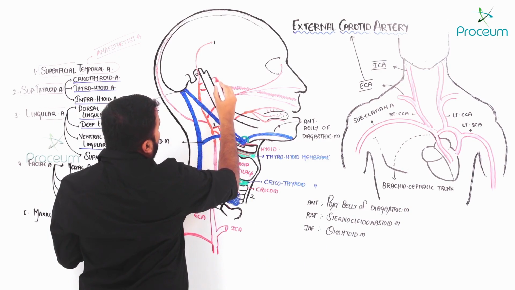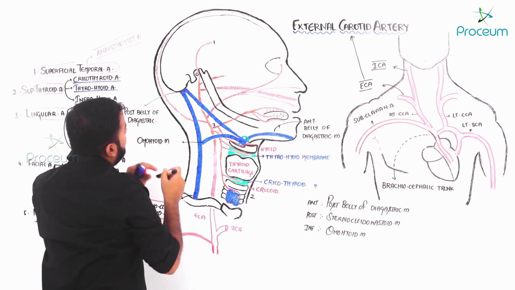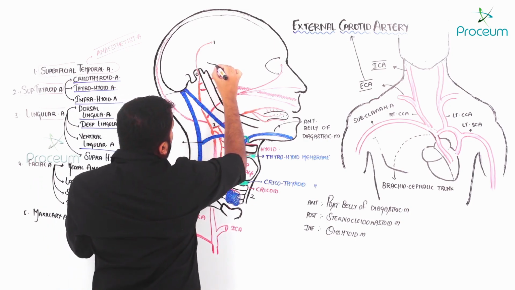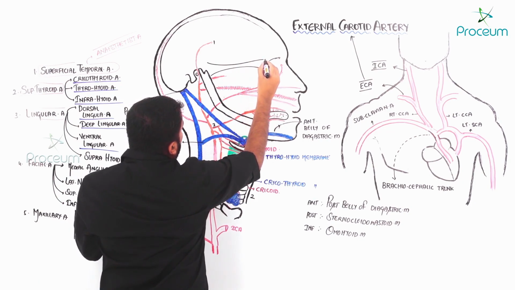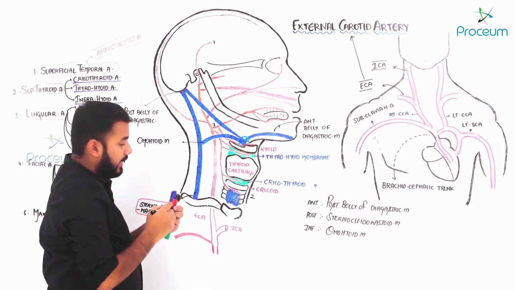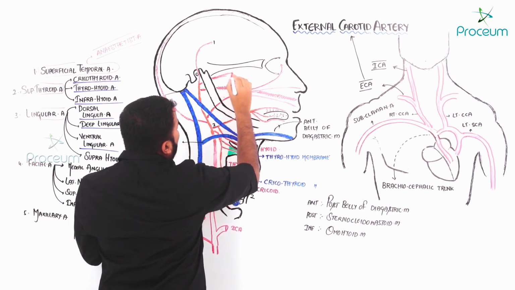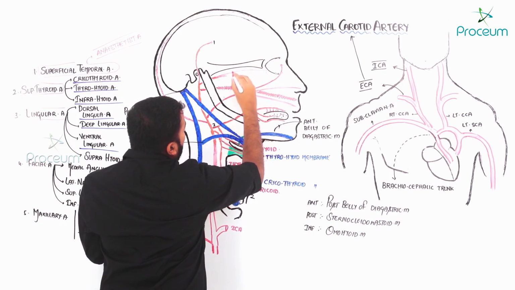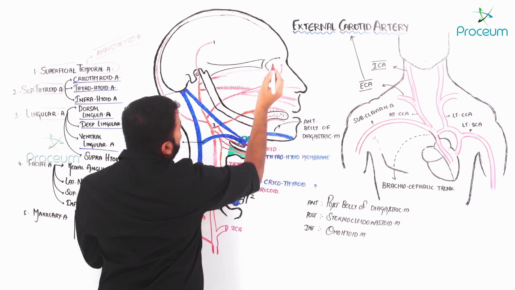Let me draw this as well. You have your zygomatic process like this. Now this artery is passing exactly parallel to the zygomatic process towards your eyeball.